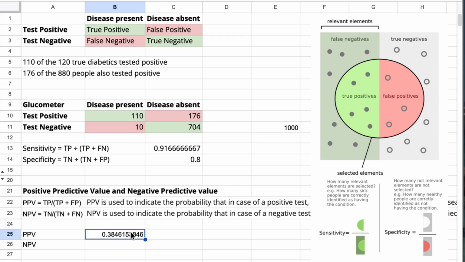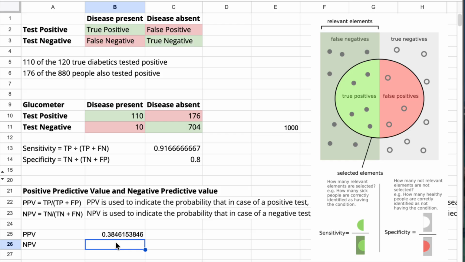So if you come back with a positive test, you have only a 38% chance that you're actually diabetic. And that's why you have to follow up before you panic and go, oh, I'm diabetic. No, you need to go get a more specific test, a test with a high specificity, in order to rule in that you have the disease.